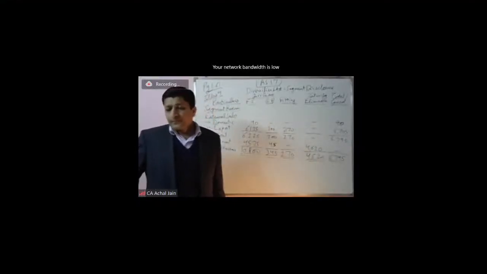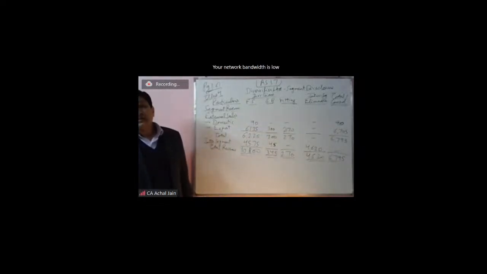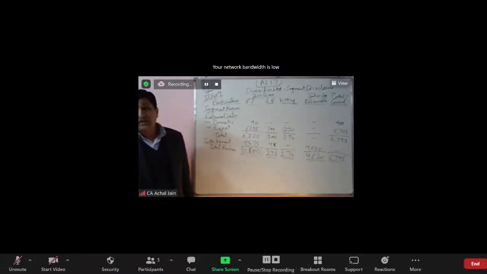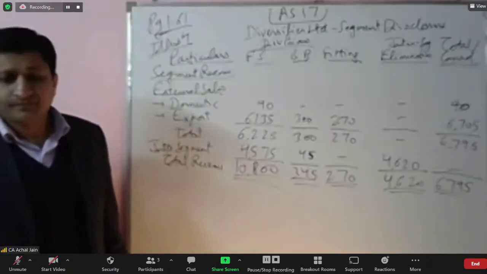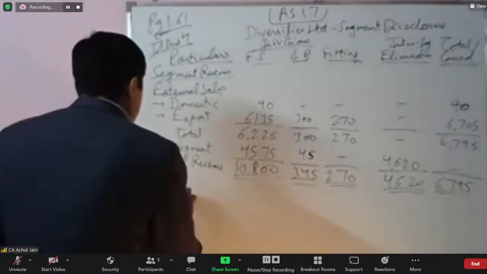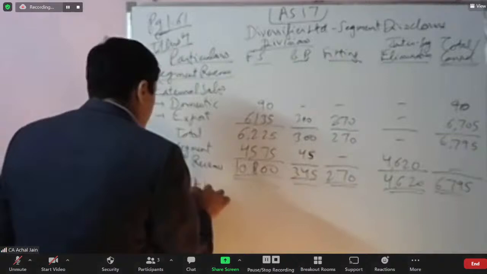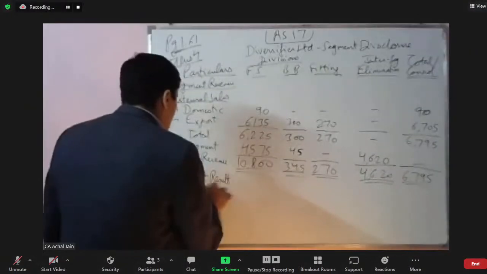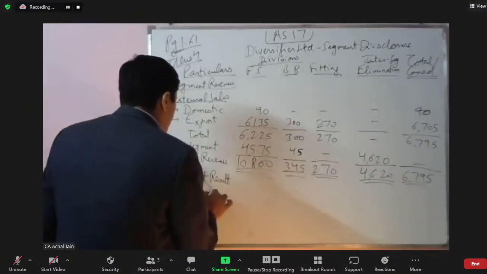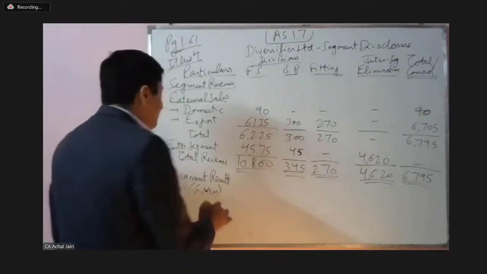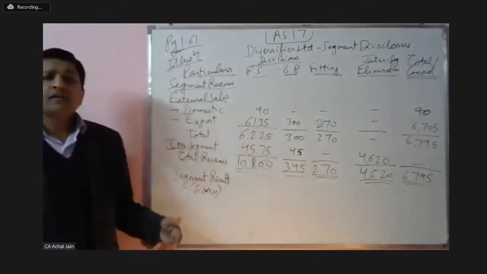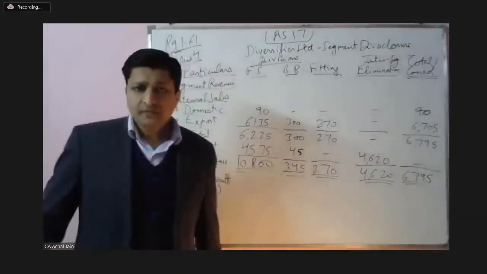So what can we give? We can give the segment result, because the information related to segment result is already given to us in the question. Segment result is something which we have to determine. How do we determine this? Segment revenue minus the segment expenses.